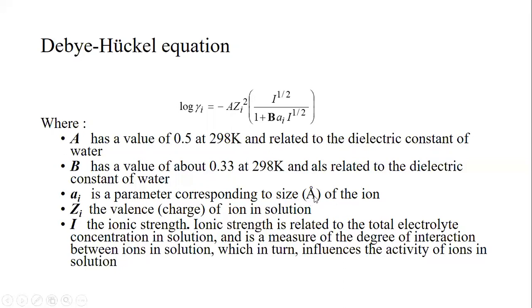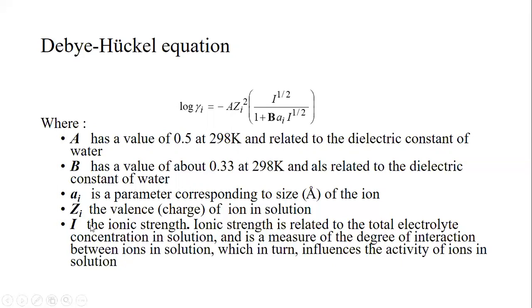The angstrom is 10 to the minus 10 of a meter, and nanometer is 10 to the minus 9. So always, if you are given the A sub I for that ion, the size for that ion, and it was given to you in nanometer, you have always to change it to angstrom before you plug it in this equation, the Debye-Huckel equation. So this has to be in angstroms. Remember, A sub I is a parameter corresponding to size, the value of it in angstrom.